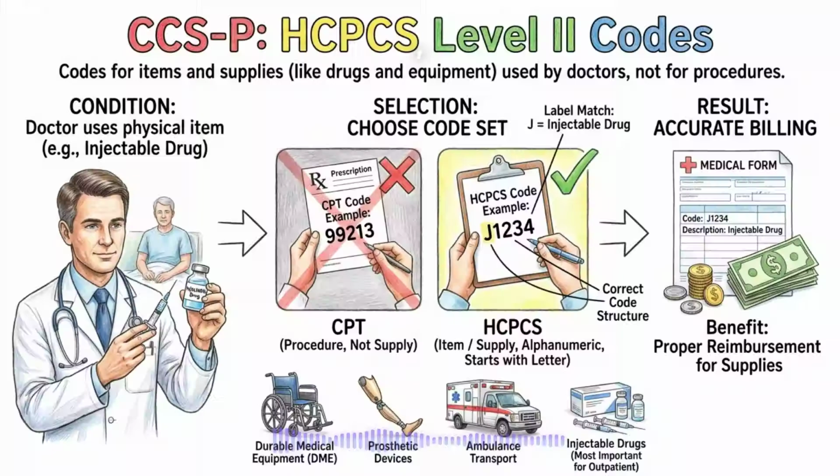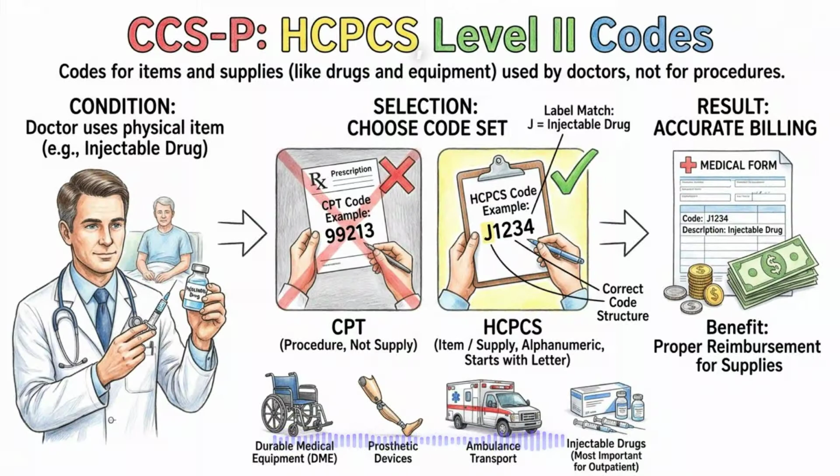Now let us shift our focus to the HCPCS Level II code set, which fills the gaps left by the CPT manual. While CPT covers what the doctor did, HCPCS covers the physical items and supplies the doctor used. HCPCS codes are alphanumeric, meaning they always start with a single letter followed by 4 numbers.